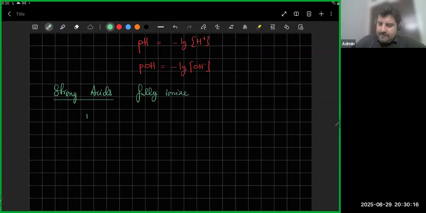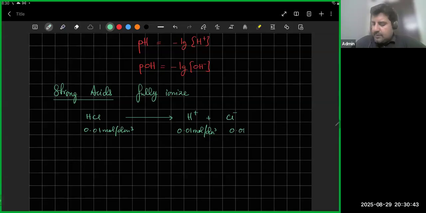So for example, if I have HCl and the HCl is 0.01 mole per dm cube, the strong acid is going to fully ionize. So it's going to fully break down, dissociate, and it will produce H plus 1 and Cl minus 1 ions. Since it's fully dissociating, this is also going to be 0.01 mole per dm cube, and this is also going to be 0.01 mole per dm cube, right?